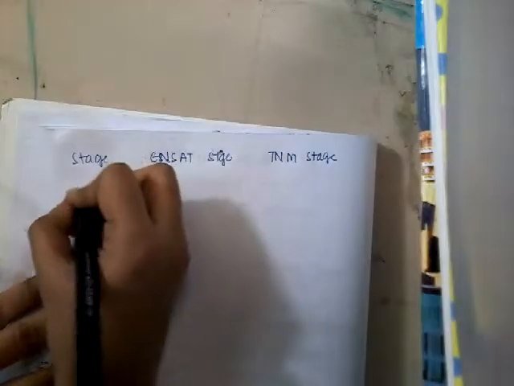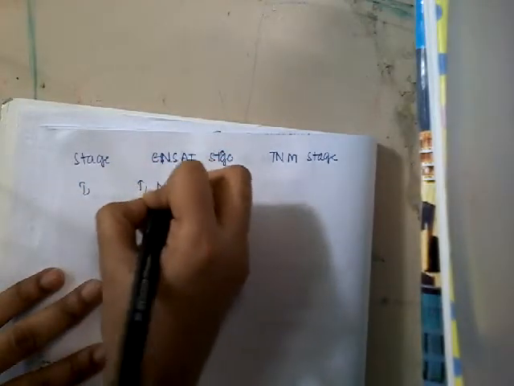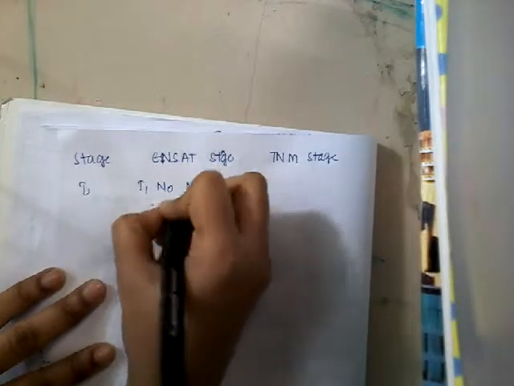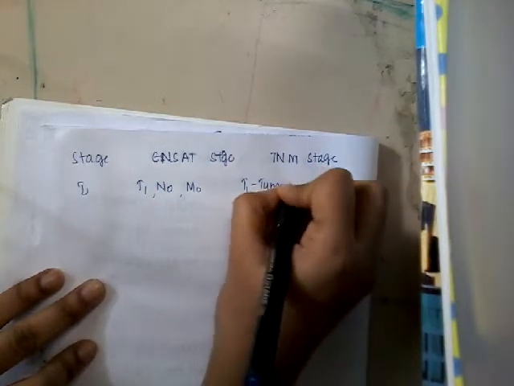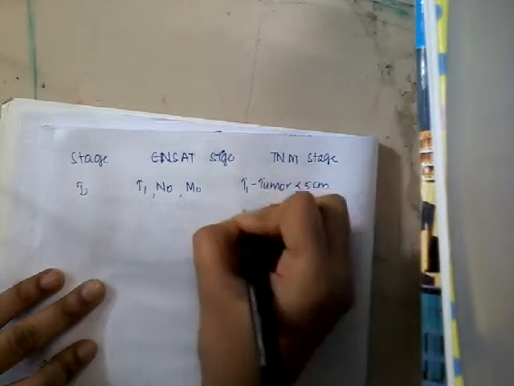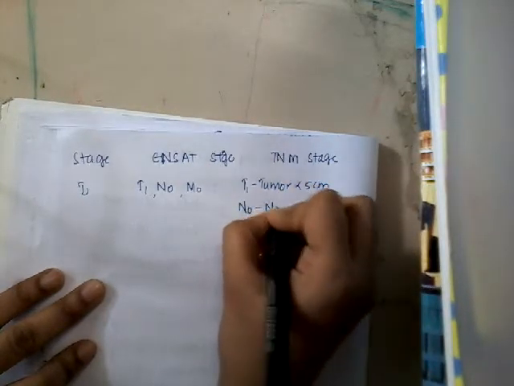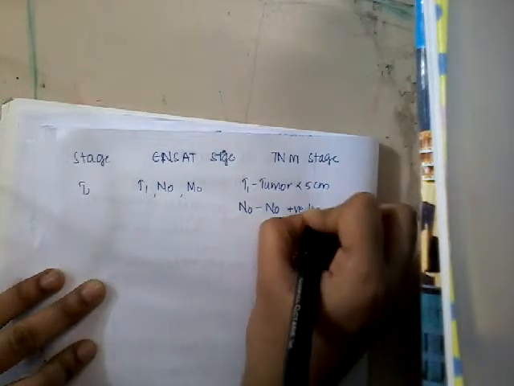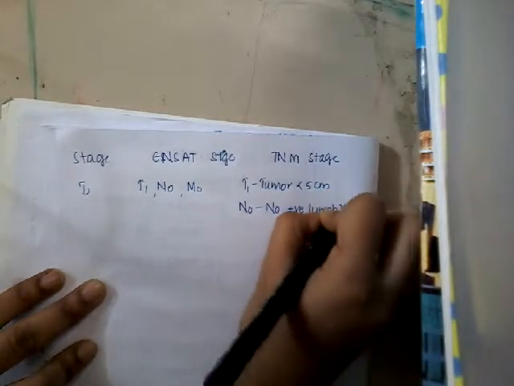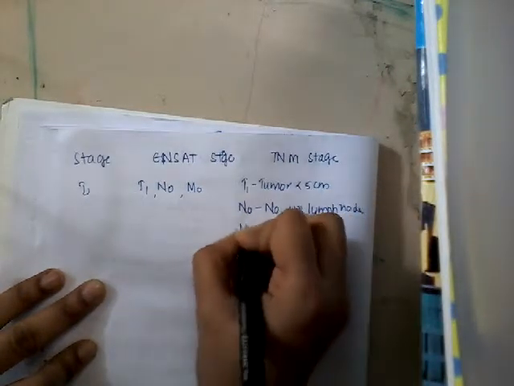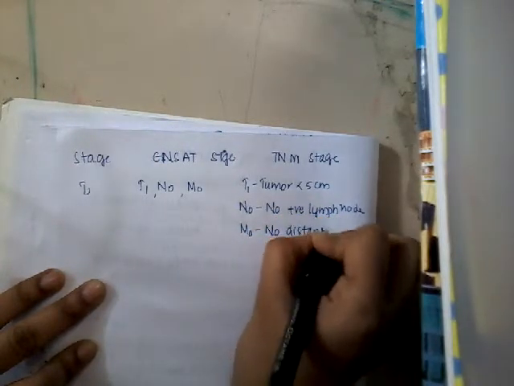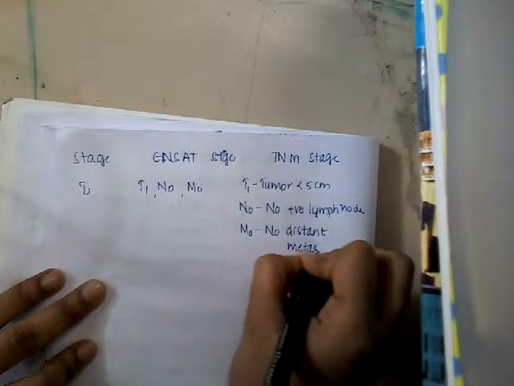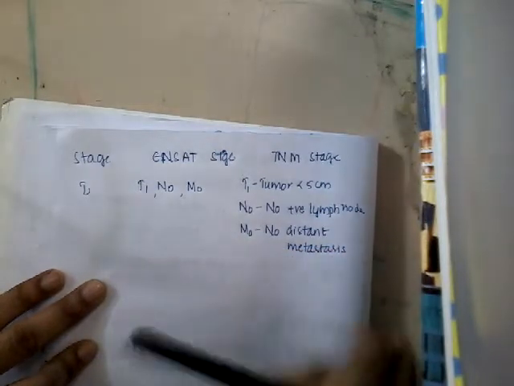Stage 1 is T1, N0, M0. Here T1 is tumor less than 5 centimeters, N0 is no positive lymph node, and M0 is no distant metastasis. That is stage 1.